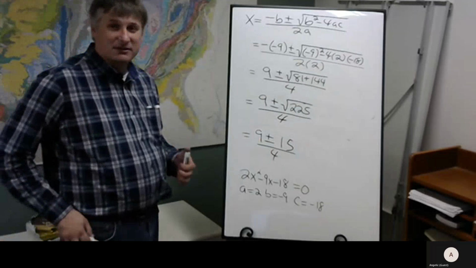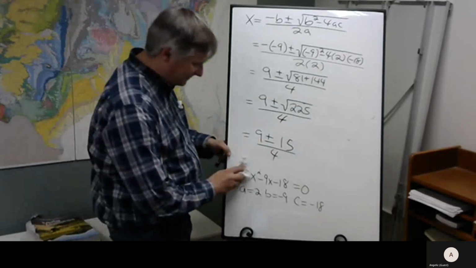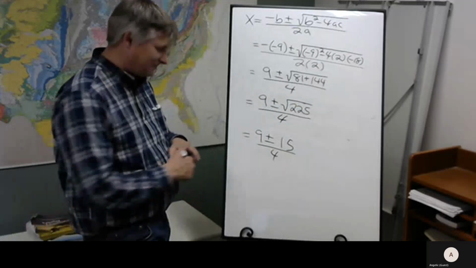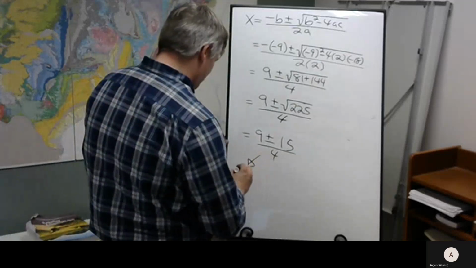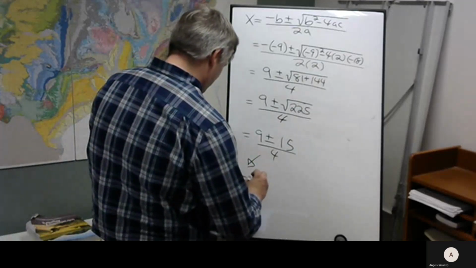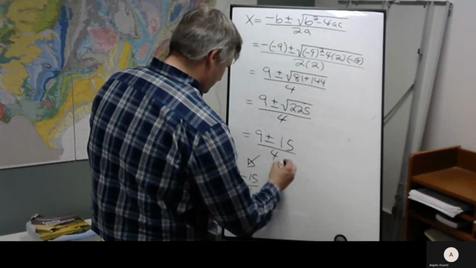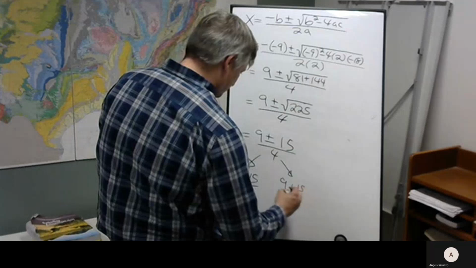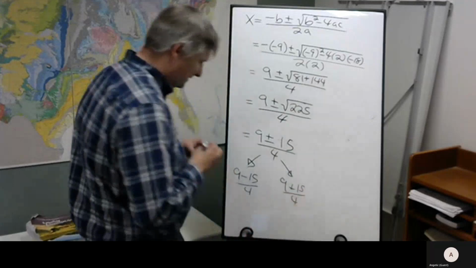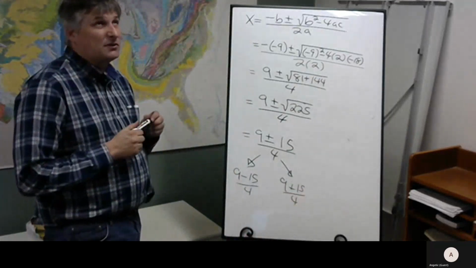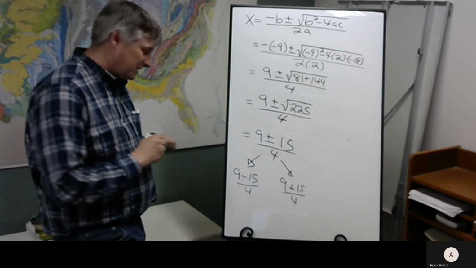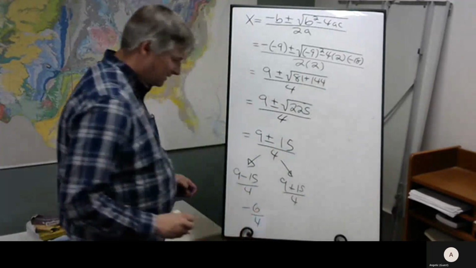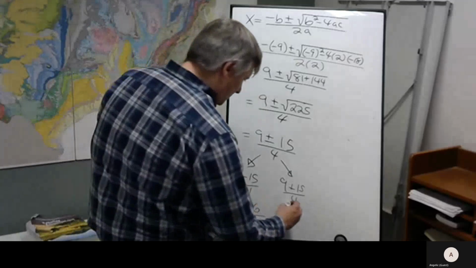And now we can break this down into 2 solutions. So 9 minus 15 is going to be negative 6. 9 plus 15 is 24.